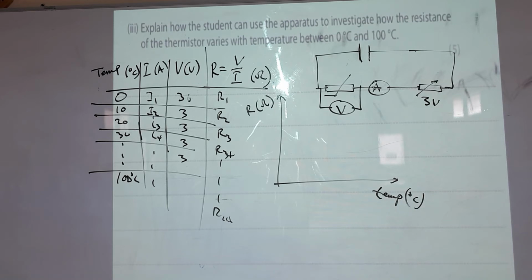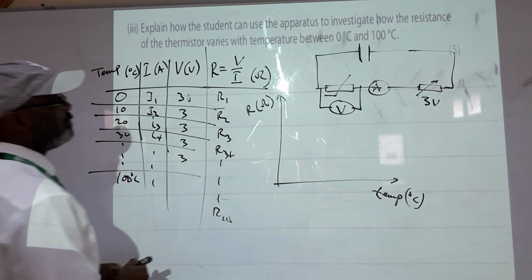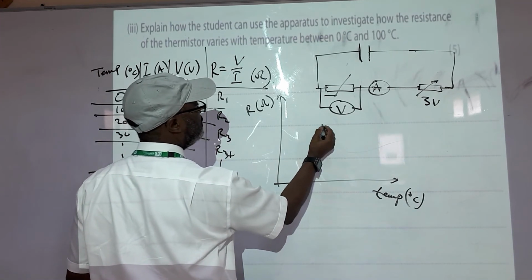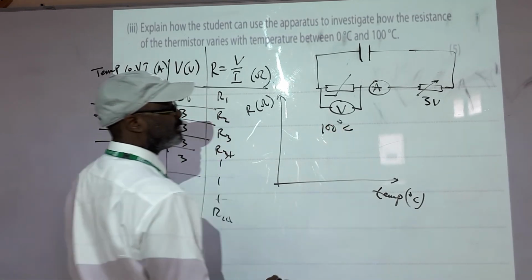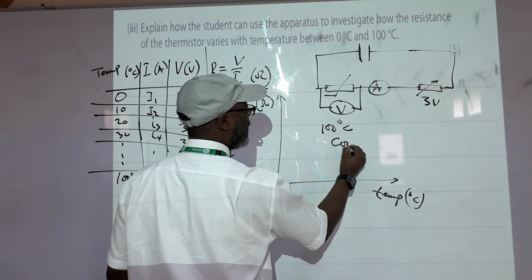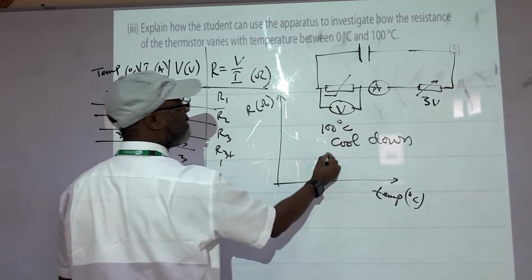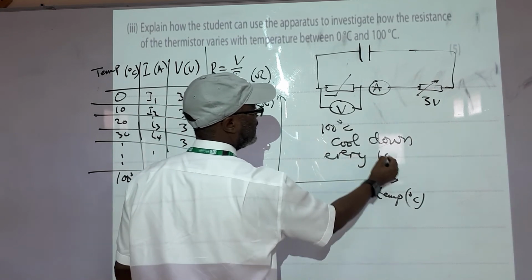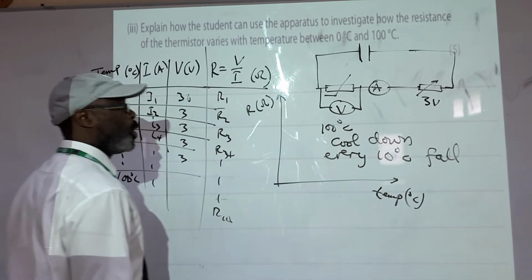By the time you explain how all of this will be done, you should also explain how you intend to change the temperature. For instance, you can start from boiling hot water at 100 degrees Celsius, and then let it cool down, and take the measurement every 10 degrees fall in temperature.